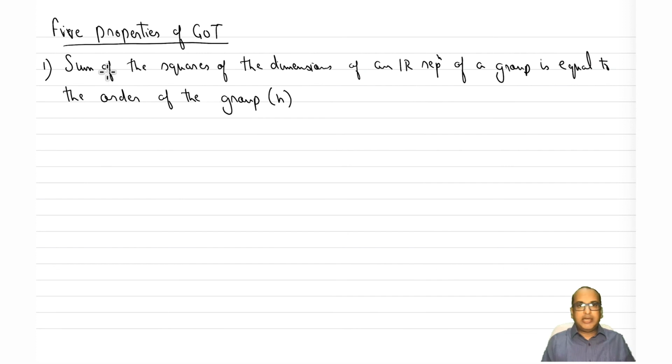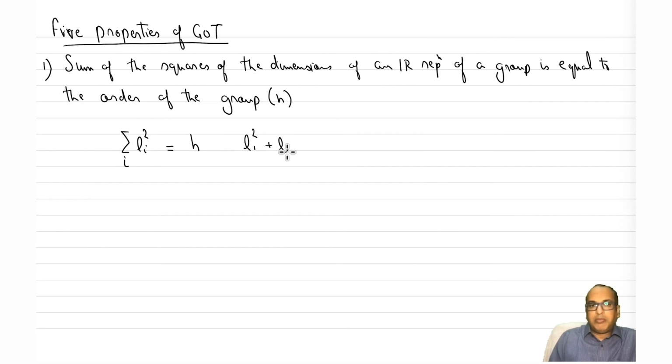So what does it say? That the sum of the squares of the dimension of an IR representation. The dimension of the IR representation is denoted by li. So that is li square for various i's is equal to h. In other words, we can say that l1 square plus l2 square plus l3 square is equal to h, right?